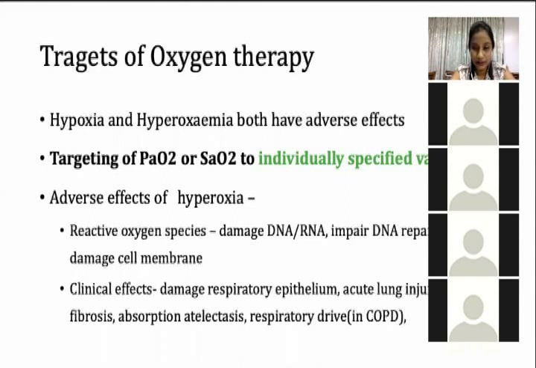And in the longer run, if a patient is on oxygen for a long duration, there can be lung injury, acute lung injury, as well as fibrosis of the lung. And there's the entity called absorption atelectasis. I think it is very easy to understand.